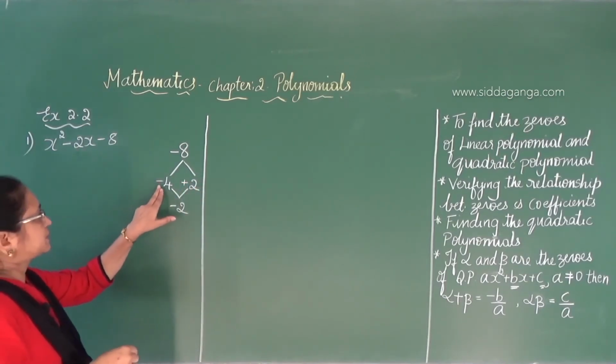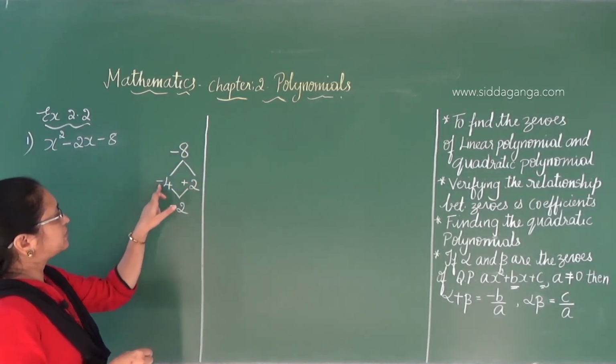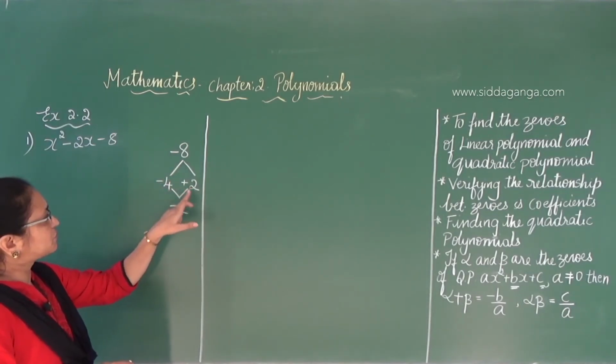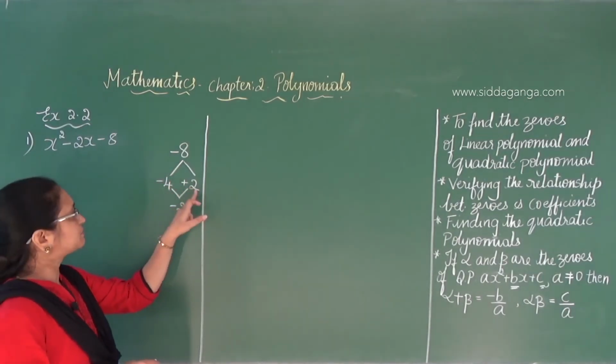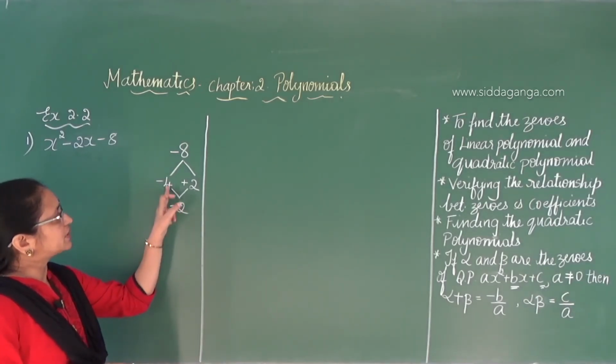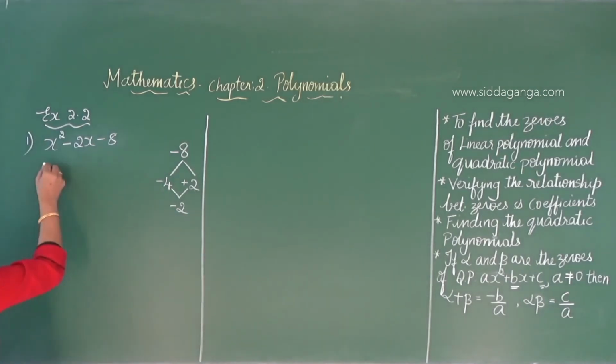Now when you multiply, 4 twos are 8, plus into minus is minus. Then minus 4 plus 2: the greater number's sign is minus, and you find the difference, 4 minus 2, that is 2. So like this you have to split the middle term.